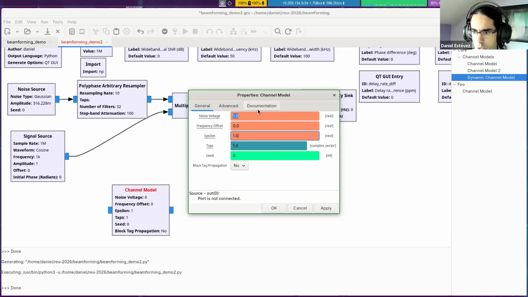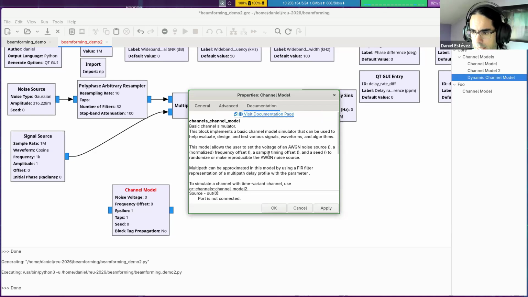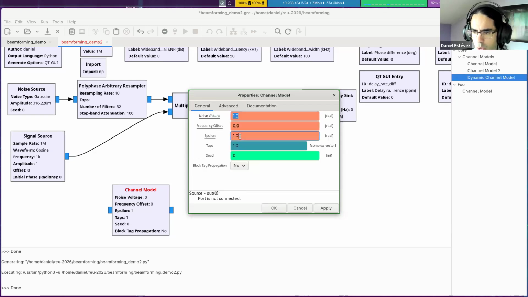And 1.0 means no change. It's basically like the quotient of the sample rates or the quotient of delays. So both delays are the same, like input delay and output delay are the same. That's what 1 means. On the second receiver, we will change this to a value which is slightly different from 1. And in that way, we will simulate this variable delay.